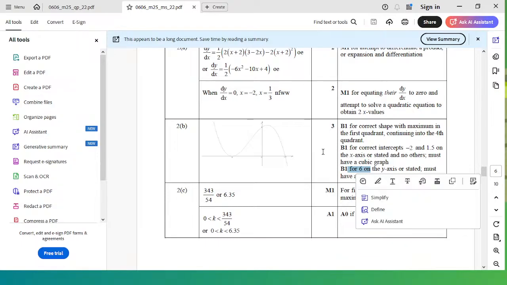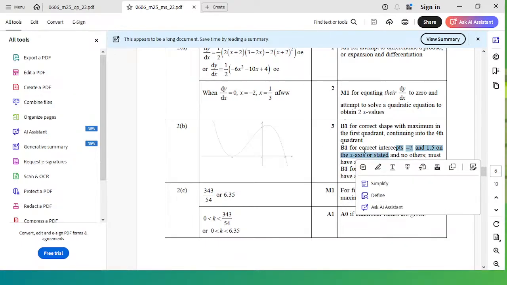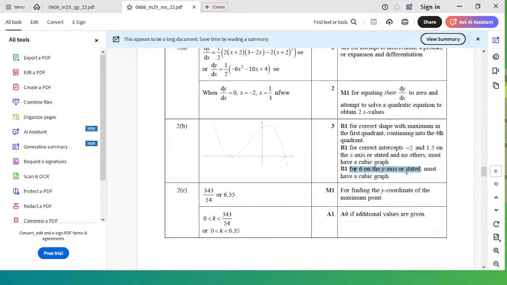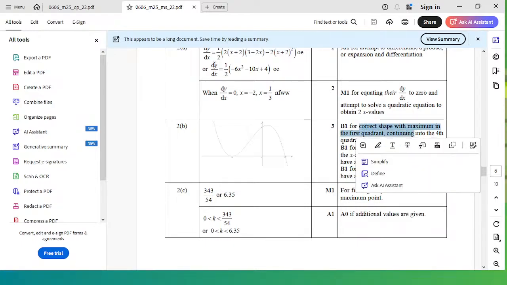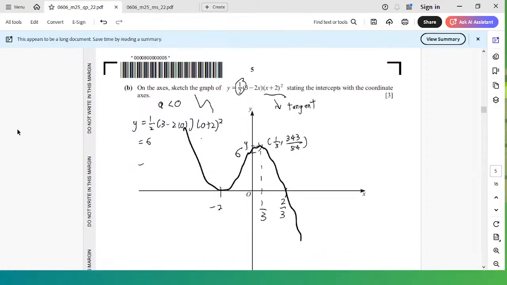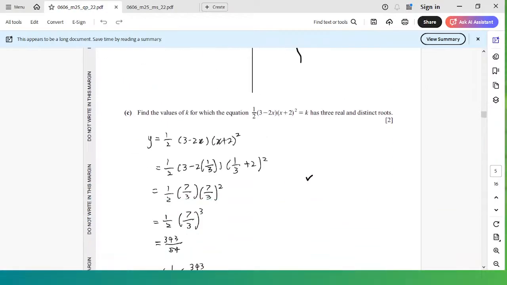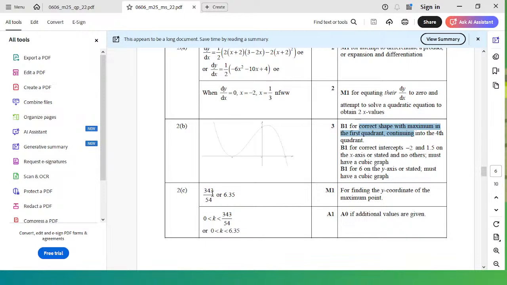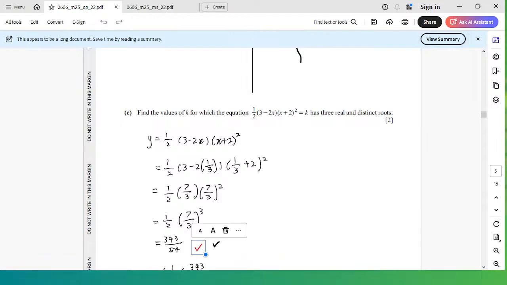So 1 mark for the y-intercept, 1 mark for the x-intercept, 1 mark for the shape of the graph. This gives me again the 3 marks that I needed. I'm just going to take the 3 to make it easy. Has 3 real and distinct roots gives me 343 over 54 and 0 for k. K is between 343 over 54 and 0.